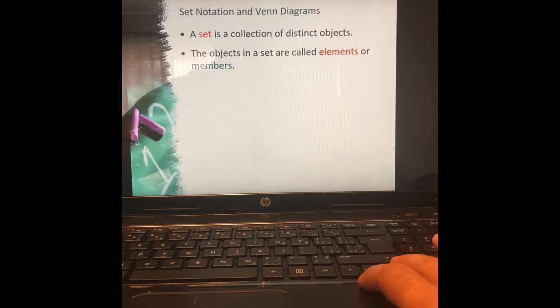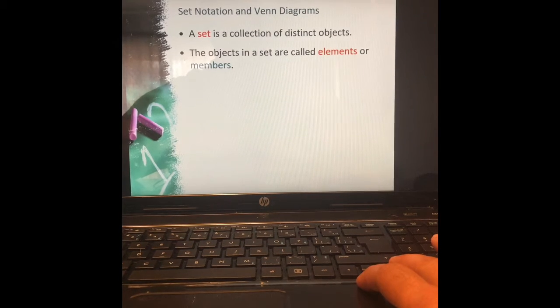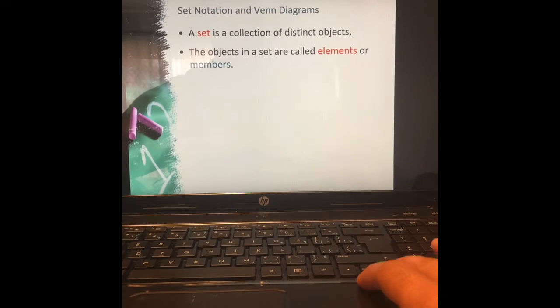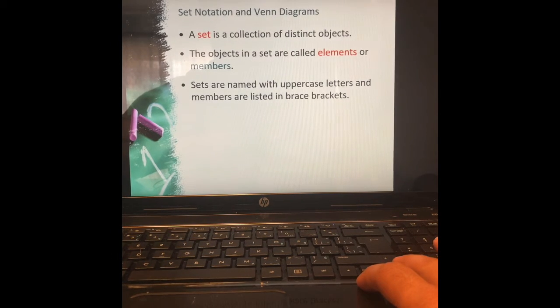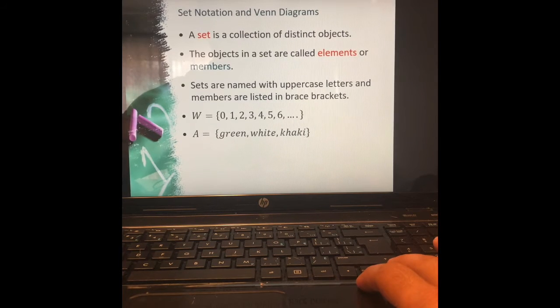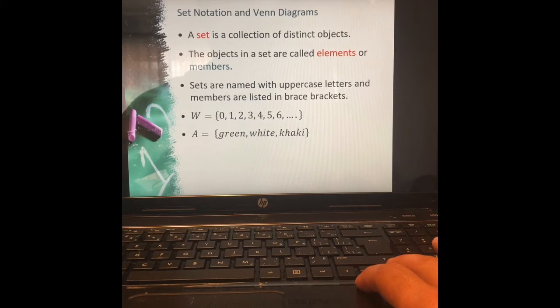So a set could be a class, and the elements could be the students in the class. Sets are named with uppercase letters, and members are listed in brace brackets. So capitals for the set, brackets for the elements.